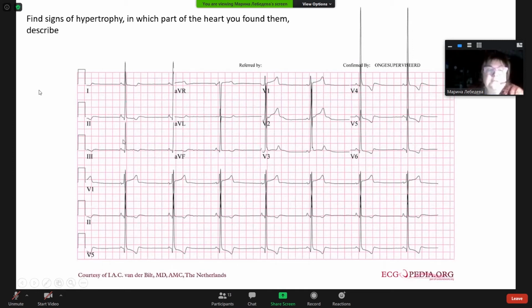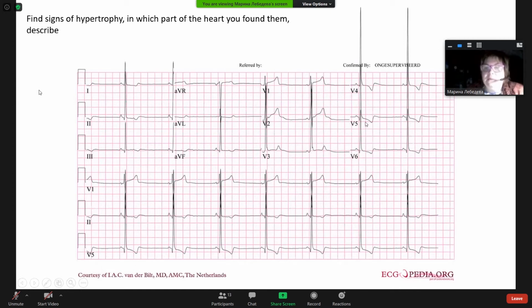We also can see that P wave in its amplitude is a little bit more than normal and a little bit wider than normal. So we can suspect hypertrophy of both atria here. Speaking about hypertrophy of the left ventricle, we can see high R waves in V6, extremely high in V5.